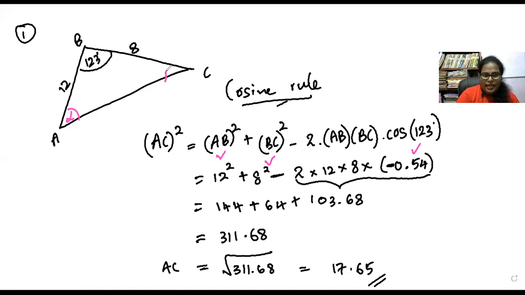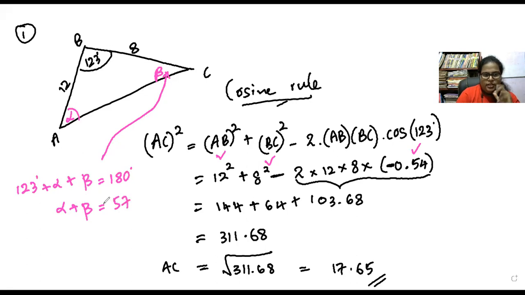You know this angle is 123, and alpha plus this angle, let's call it beta, should equal 57. So we can write beta as 57 minus alpha.